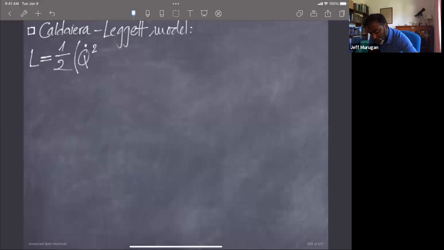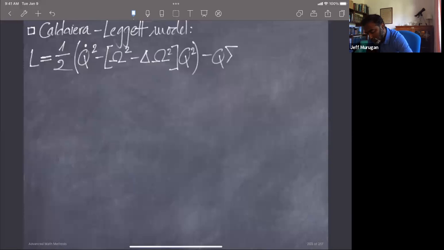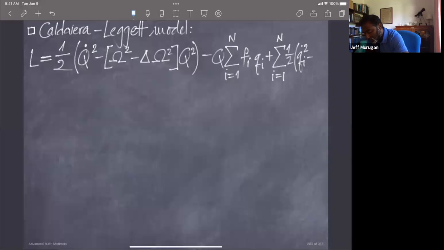So, a half Q dot squared, the dot here will always mean d by dt, minus a half of omega squared minus delta omega squared, Q squared, minus Q times the sum over i equals 1 to n of f_i q_i, plus the sum over i of a half q_i dot squared minus omega_i squared q_i squared.